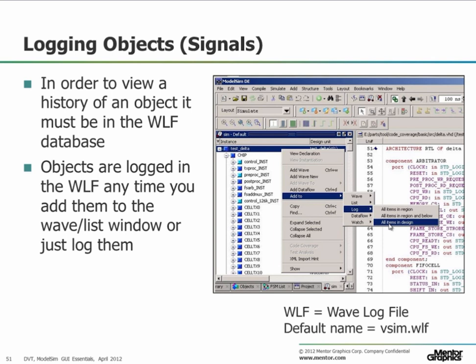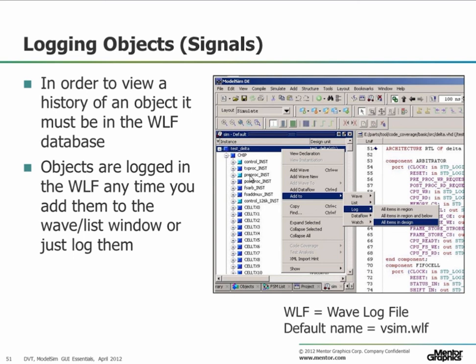If you have a very large simulation, you are going to be creating very big WLF databases. So a better idea, say we're debugging the preprocessor section of my design, is to select that module here in the Sim tab and say add to the log all items in this region and below.